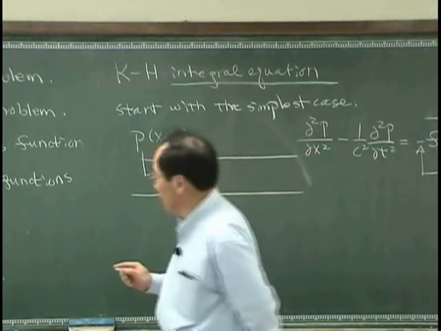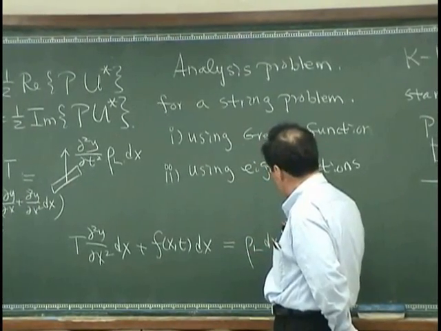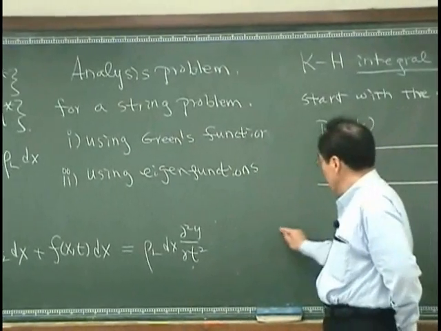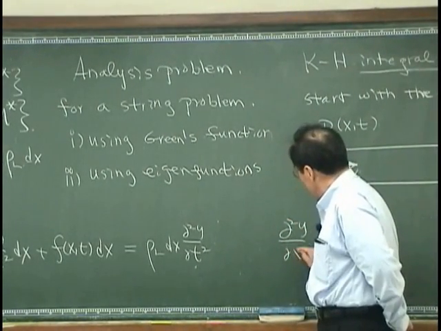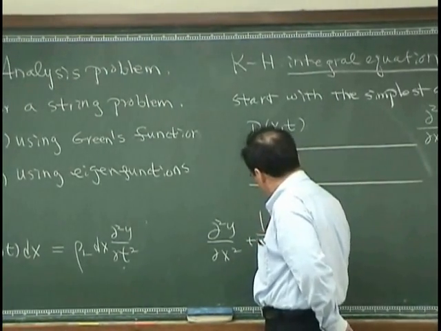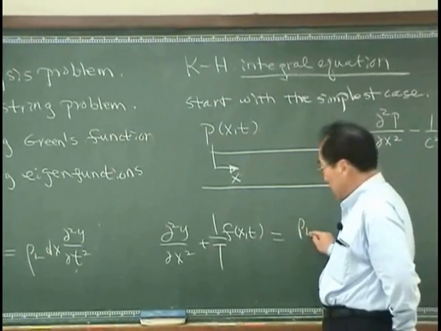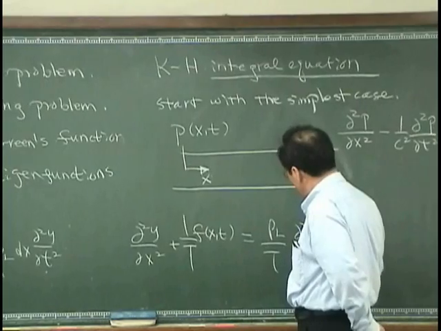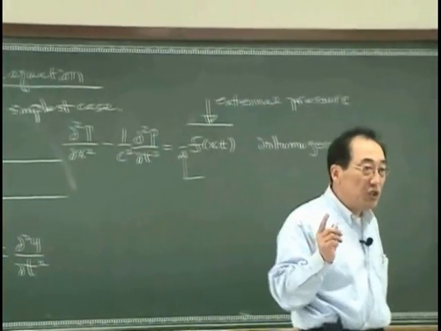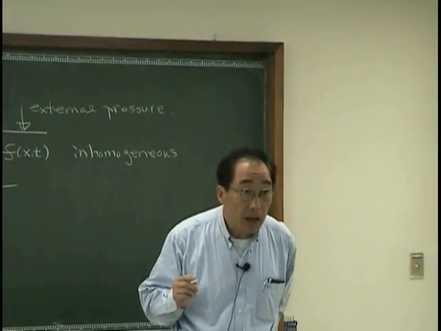And that has to be equal to rho_L dx d²y/dt². Therefore, what I got is d²y/dx² plus f(x,t) divided by T is equal to rho_L divided by T d²y/dt², and that is the inhomogeneous governing equation for a string, right?